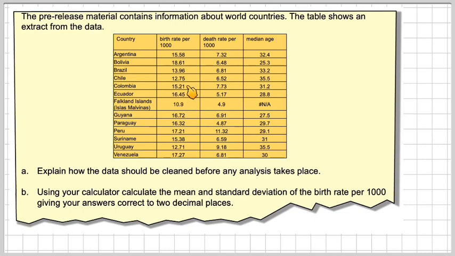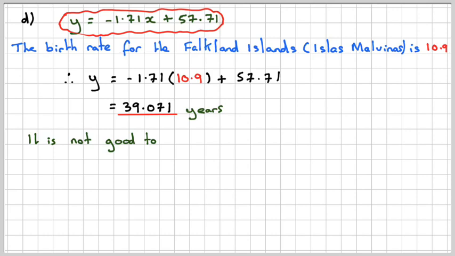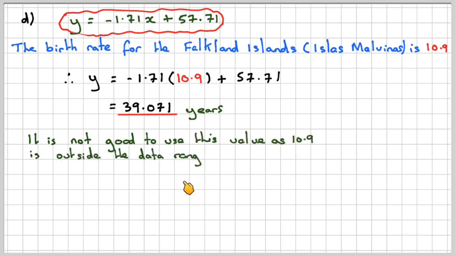If we calculated a line of regression from this data here, not including that one, because we wouldn't be able to include this one as it's not there, then we will see that this is outside the range of the data, and therefore it is not a good idea to use it. So in order to answer the last part of the question, it's not good to use this value, as 10.9 is outside the data range, and this is called extrapolation, and this is the word they're looking for on exam scripts.